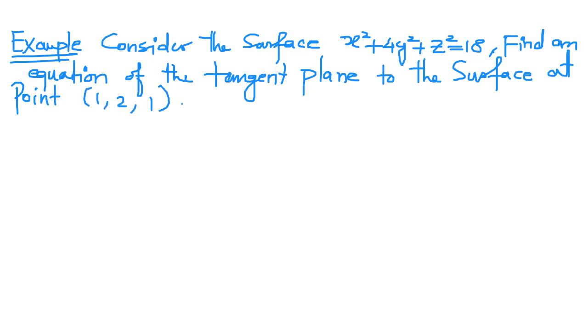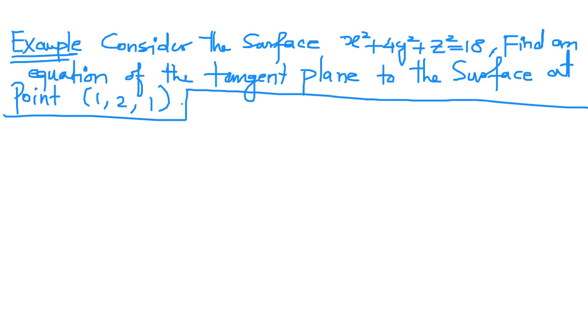Okay, so for this one we need a function of 3 variables. So f of x, y and z we can take from this equation, which is equal to x square plus 4y square plus z square.